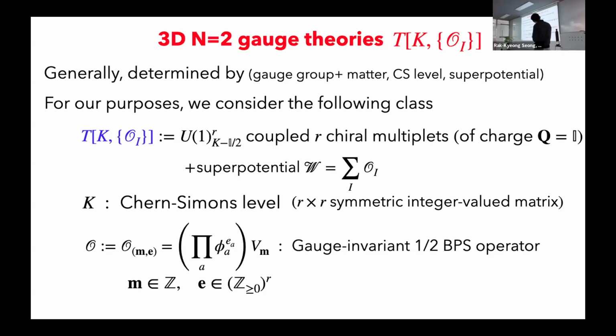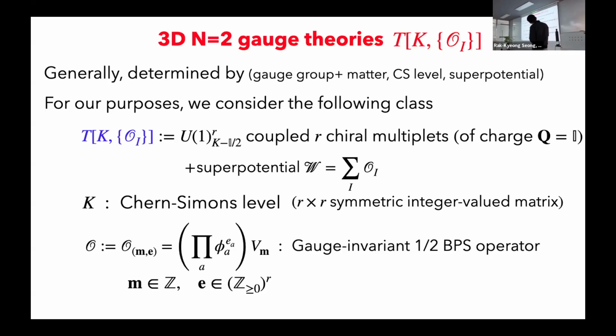In physics language, this theory is given by U(1)^r Chern-Simons theory, with Chern-Simons level given by K, coupled to r chiral multiplets with charge matrix given by the identity matrix. It means the first chiral is charged only under the first U(1), and the second one is charged only under the second U(1), and so on.